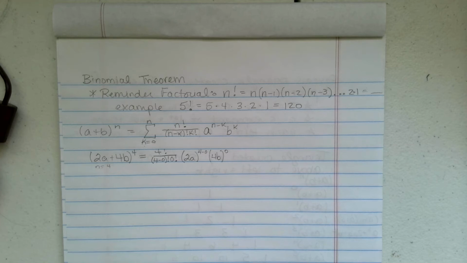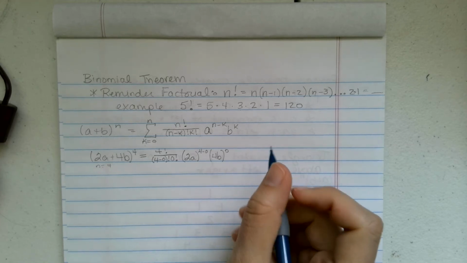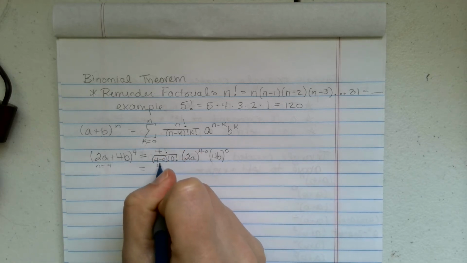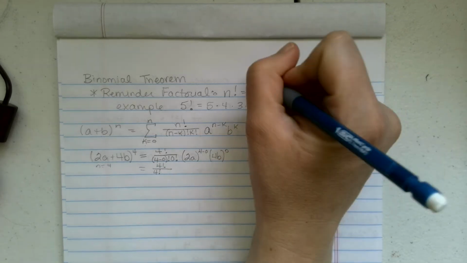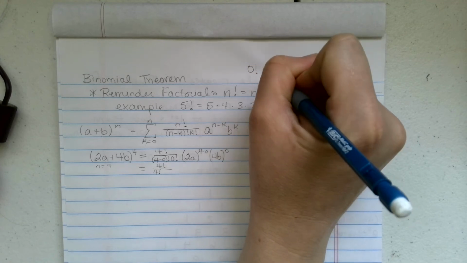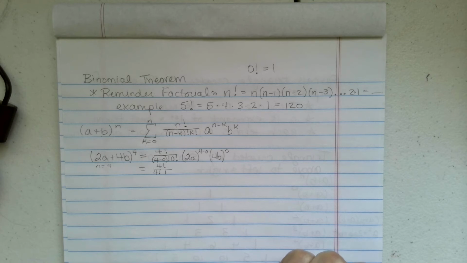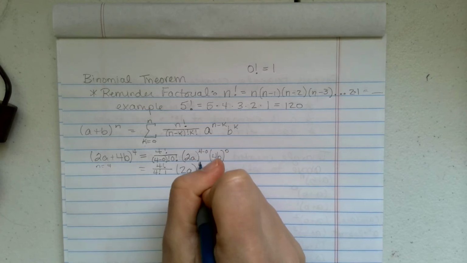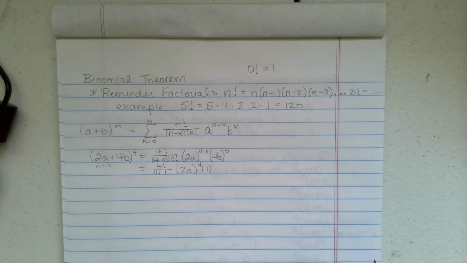Okay, so this looks a little bit scary, but it's not too bad. What happens here is that this is 4 factorial over 4 minus 0, or 4 factorial, and 0 factorial is actually an identity. It's just 1, so we can replace that with 1. And 2a here will be to the 4th power. 4b to the 0 power, that's just 1.